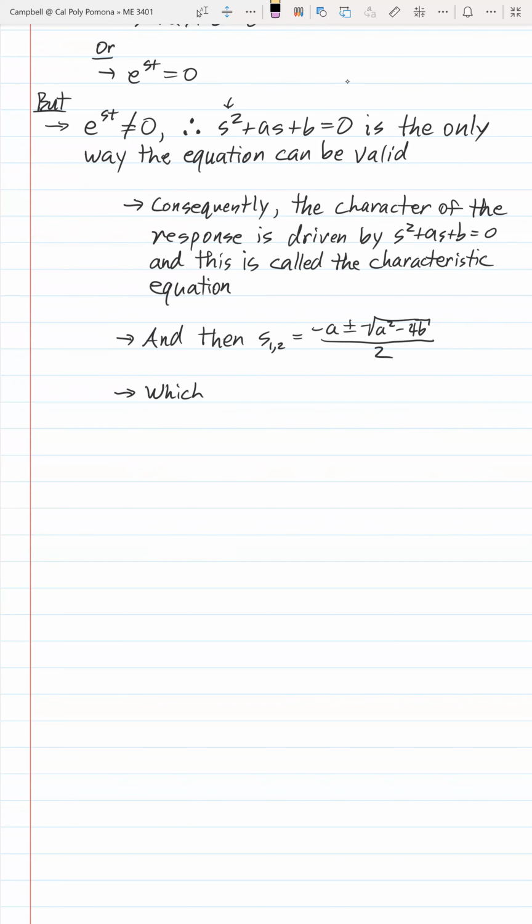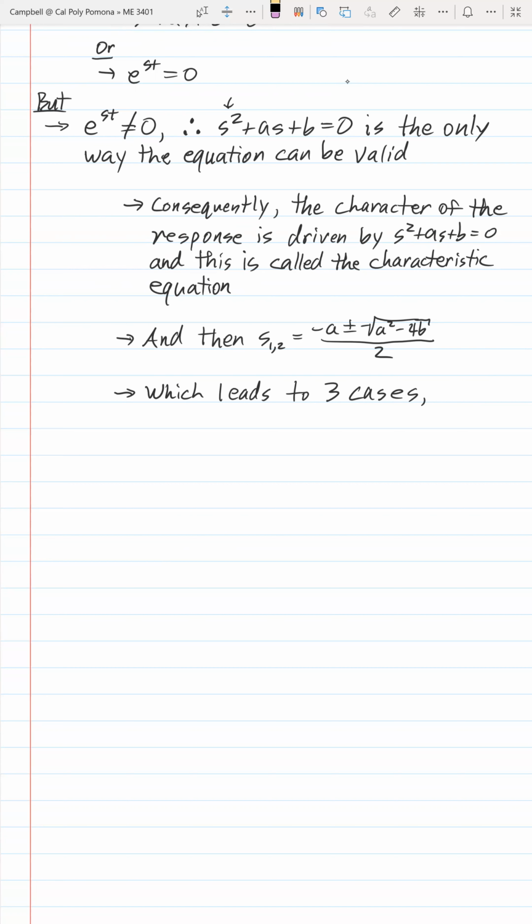And so we can further recognize that, now that we have the quadratic formula coming into the mix, we can end up with 3 different cases that yield fundamentally different types of responses.